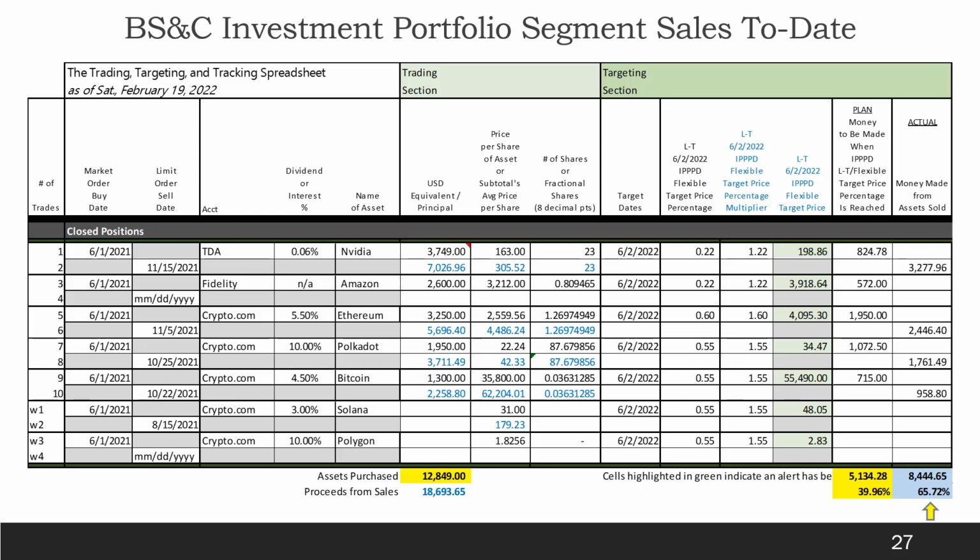If the amount ventured were only $5,000 instead of $13,000, given the 65.72% increase, the amount made would have been $3,286 instead of $8,400.